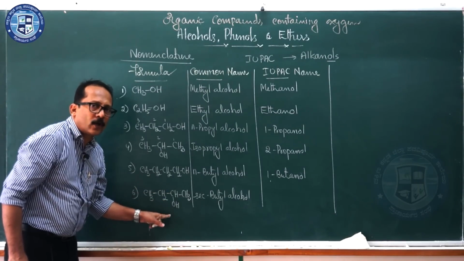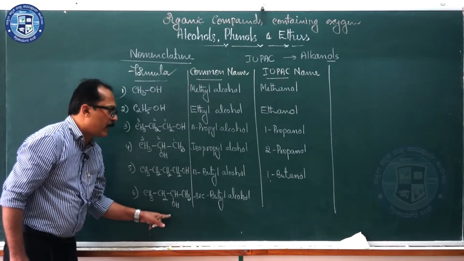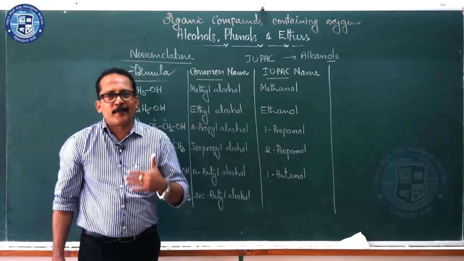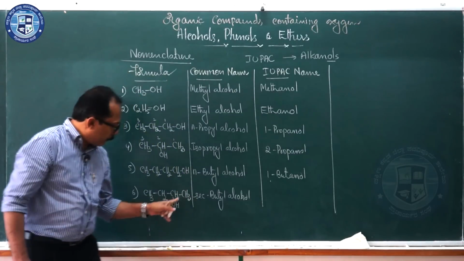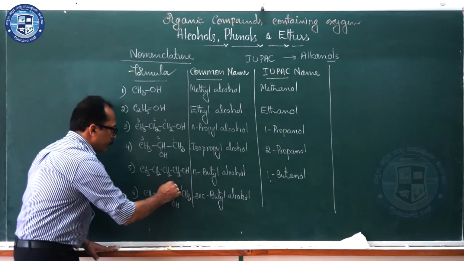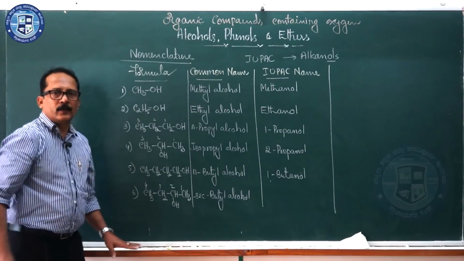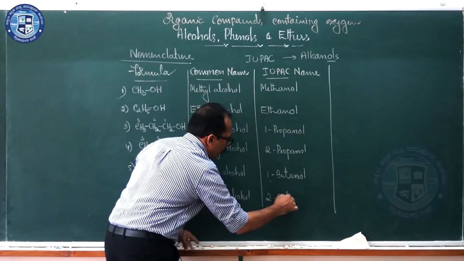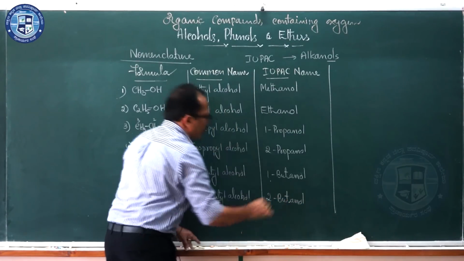So it is called secondary butyl alcohol. And what is the IUPAC name for secondary butyl alcohol? The position of the OH group is 2. So it is called 2-butanol.